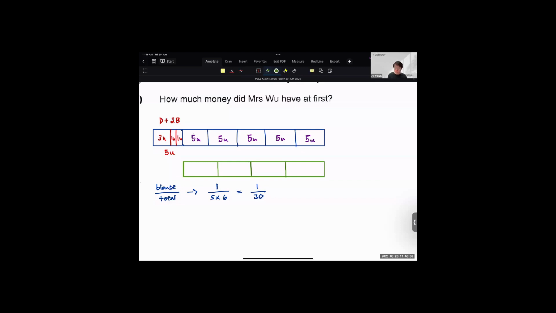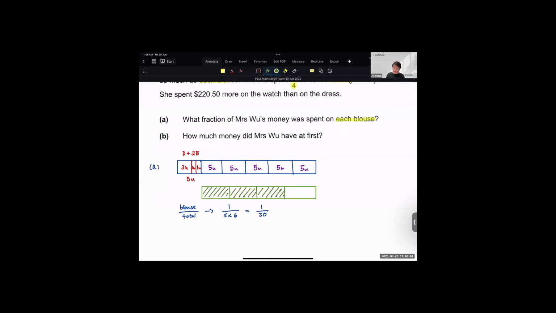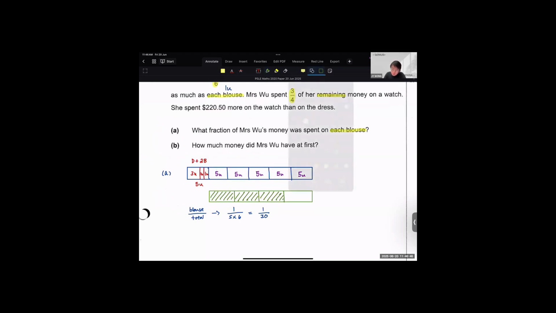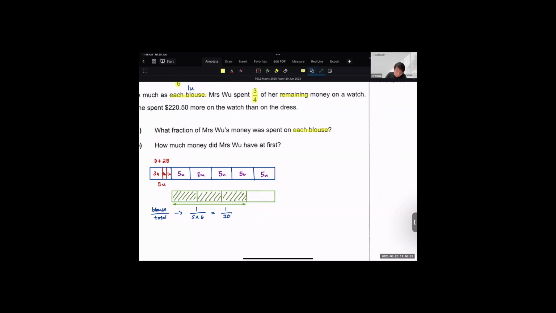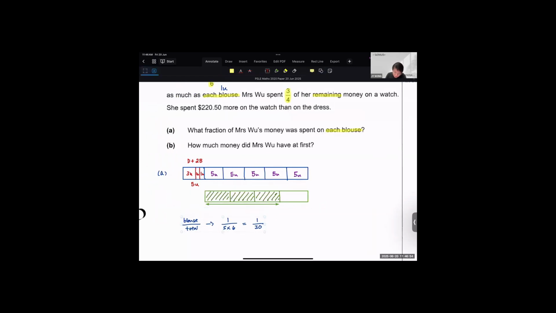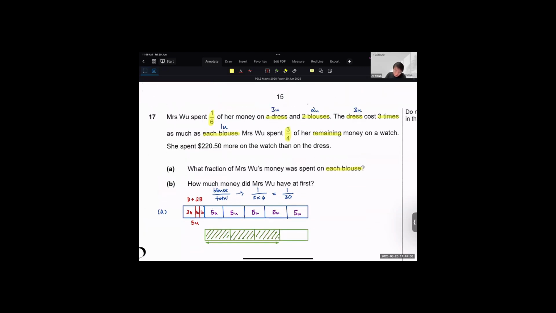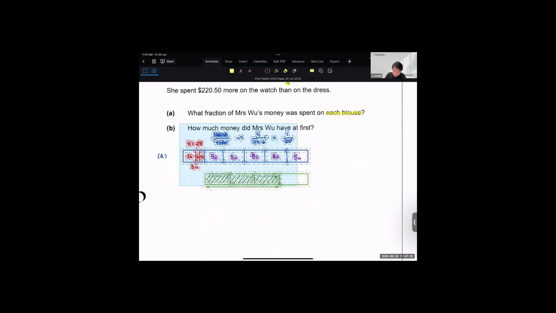This is your remainder, and they tell you that 3/4 of your remainder is spent on your watch. This is where your working gets in the way. Wonders of technology. You wish you could do that.